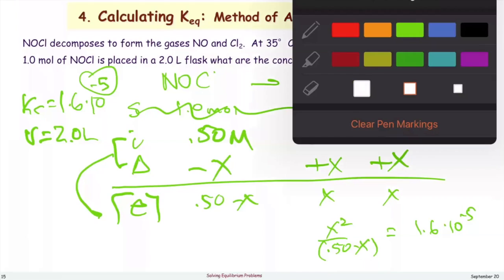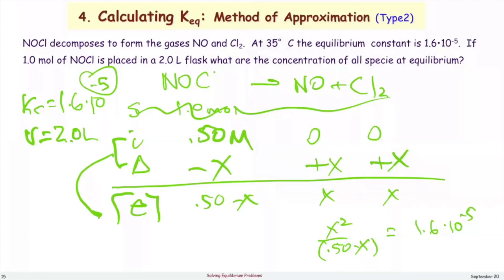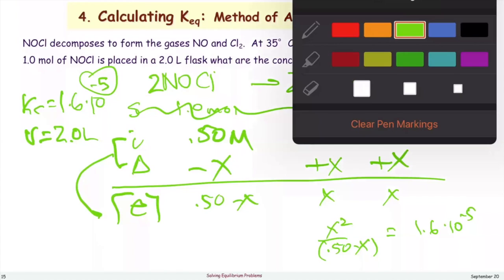See how easy it is for even your instructor to make a mistake. Once you change the formula, you change the balanced equation, and then things get messed up. This is actually 2 here and 2 there, which means that I need to go back. That's why the balanced equation is so important. Thanks for pointing that out.